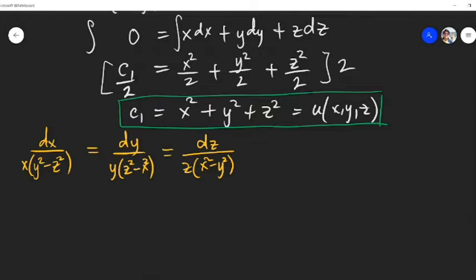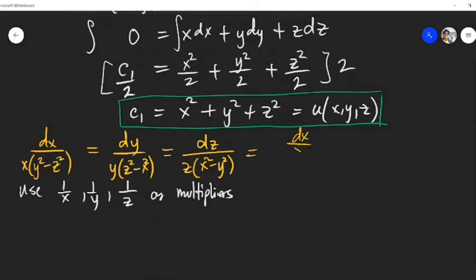So we just need to remove the multipliers of the outside of the parentheses. So how do we do that? We use 1 over x, 1 over y, and 1 over z as multipliers. So that this will become, so we have dx over x since we are going to multiply also the multipliers sa numerator, plus dy over y plus dz over z.